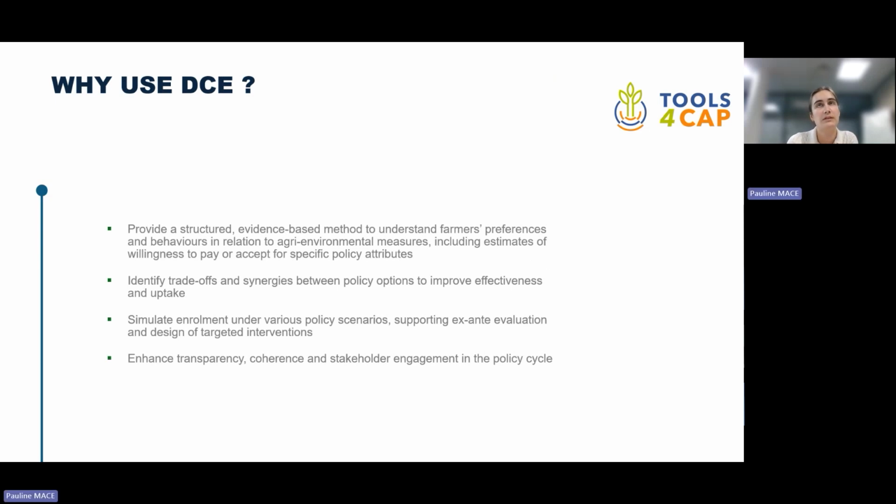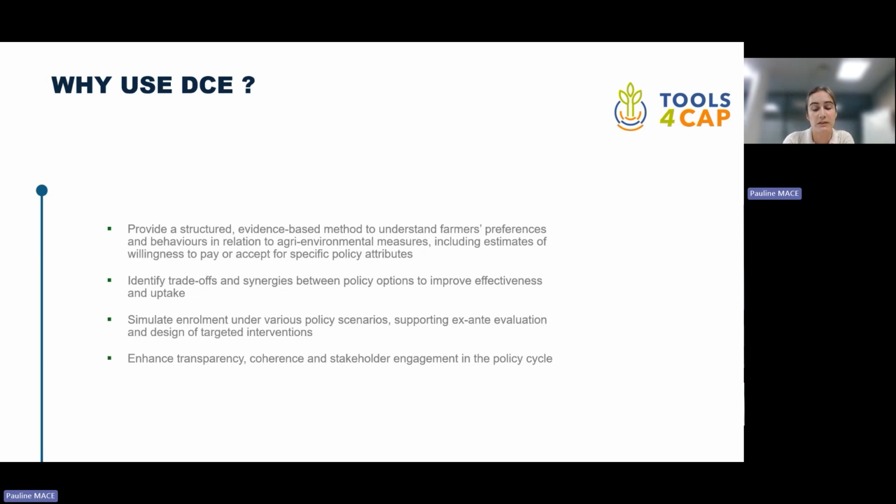With this discrete choice experiment, as I just mentioned, the goal is to better understand farmers' preferences and their behaviors. It can be used for agro-environmental measures, but it can also be used in different policy settings. It's a structured and data-driven approach that estimates respondents' willingness to pay or to accept for certain policy features.